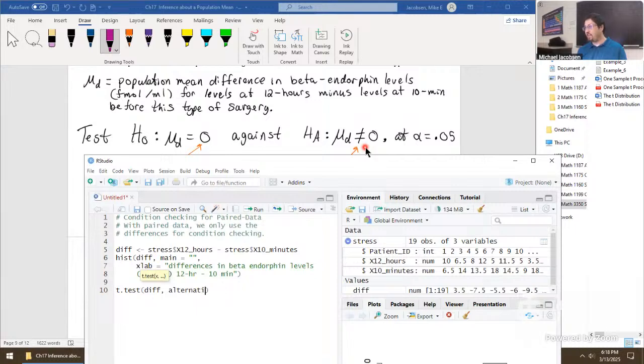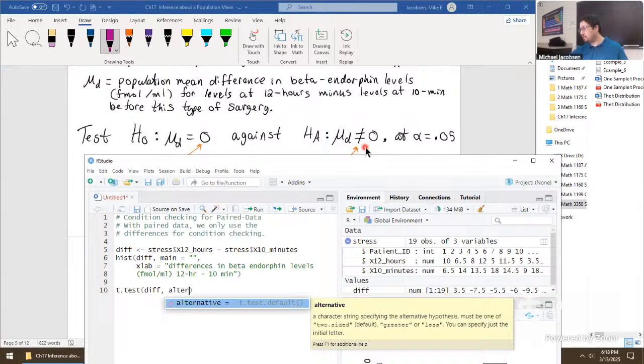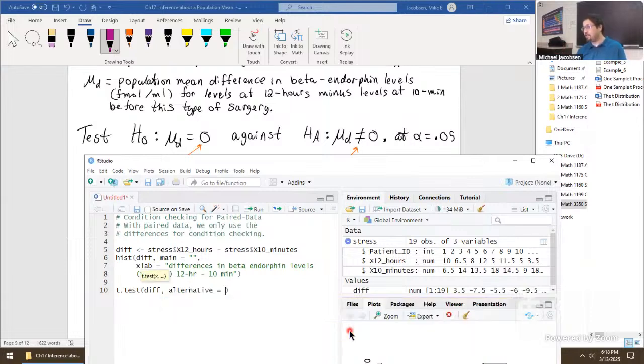Hang on, let me double check on that. Alternative. And when we put in two.sided, the cheat sheet here from RStudio says it does need quotes around it. Kind of an interesting parameter we're passing. So go two.sided, and that's our two-tailed test.